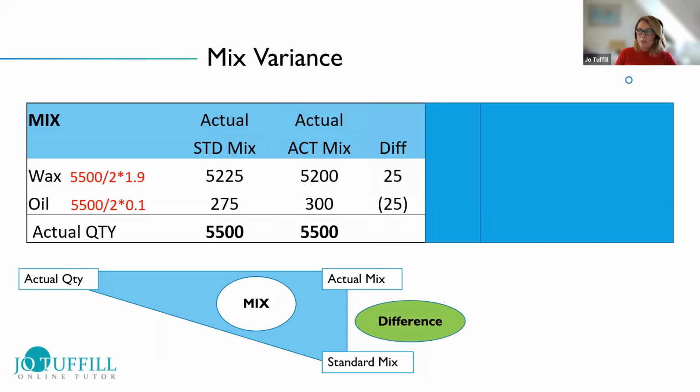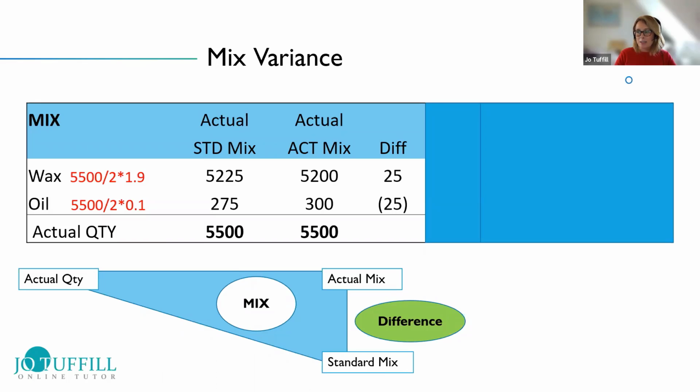And now we get the difference. Now that needs to add to 0 because you're doing a mix variance. So the difference of 25 and minus 25 adds to 0 because all you're doing is comparing the two mixes. You're not looking at the change in quantity, you're looking at the change in the mix.